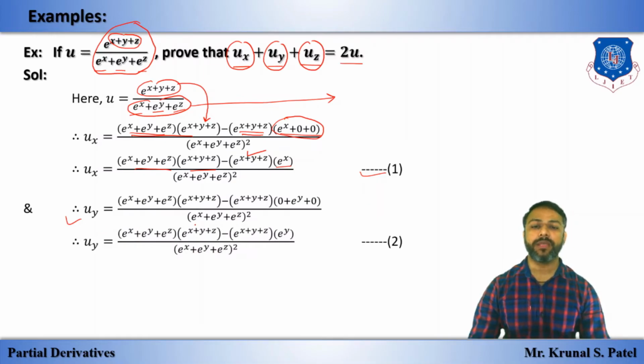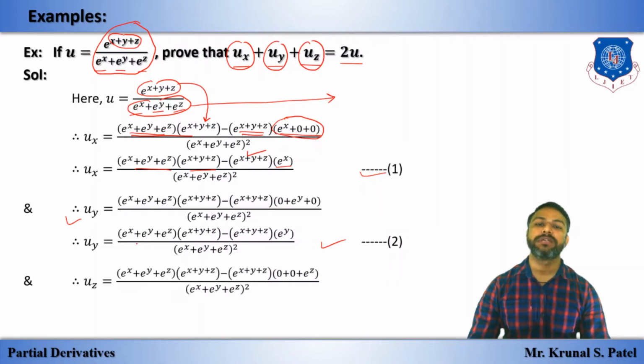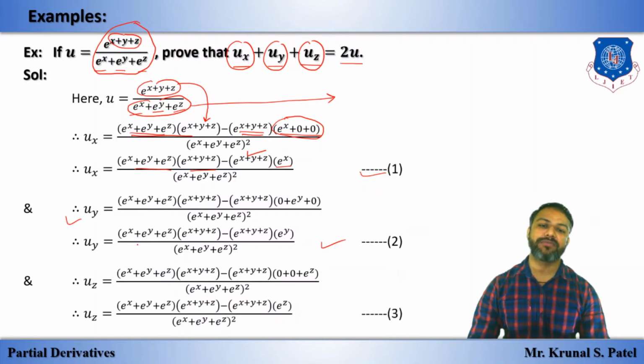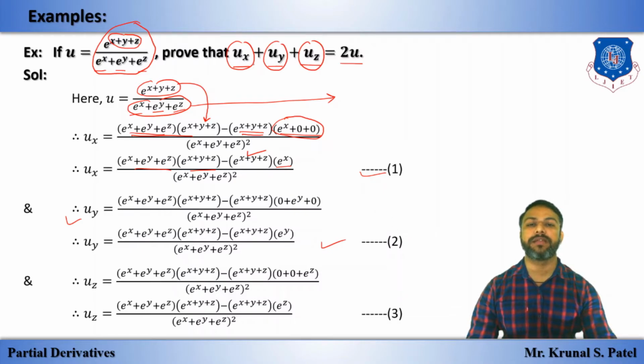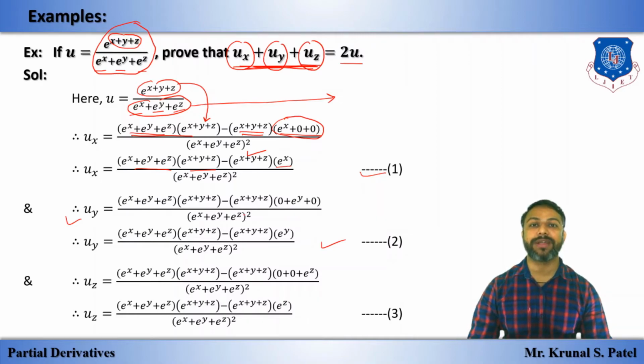Okay, and by simplifying this we will get this, and in the same way we have differentiation of u partially with respect to z. This time we will treat x and y as constants, so we have this derivative, and after simplifying we have this.